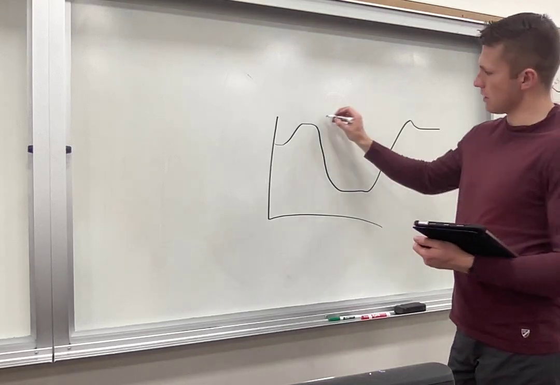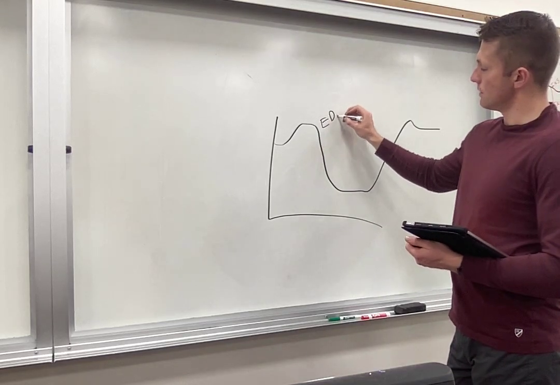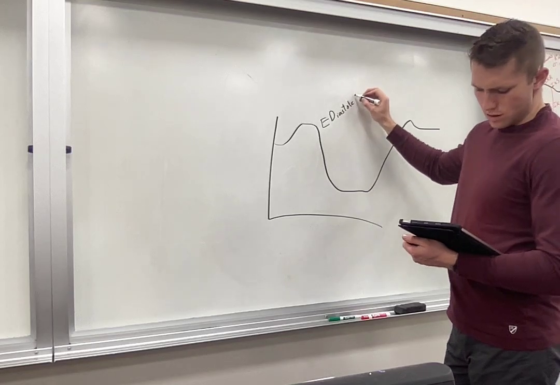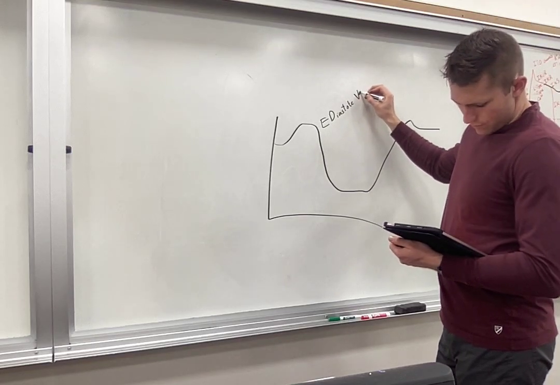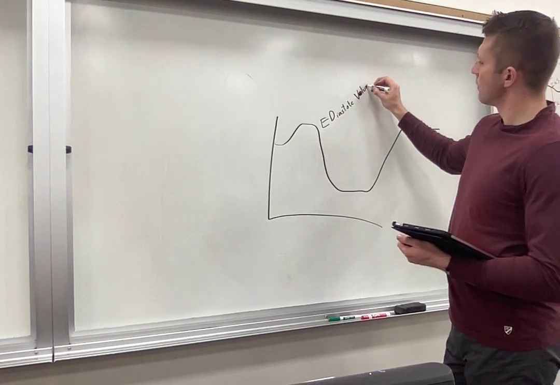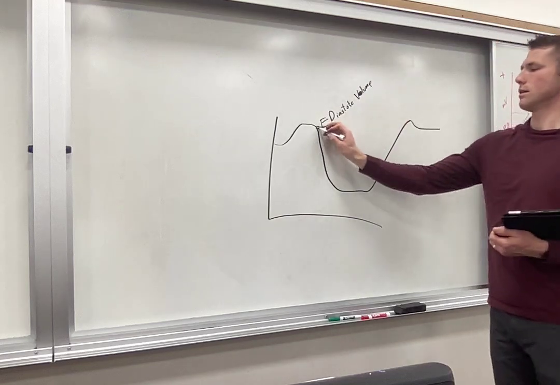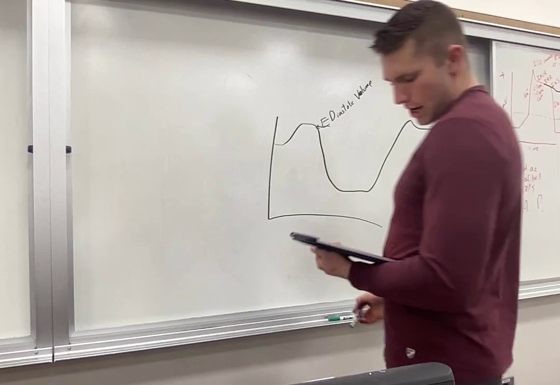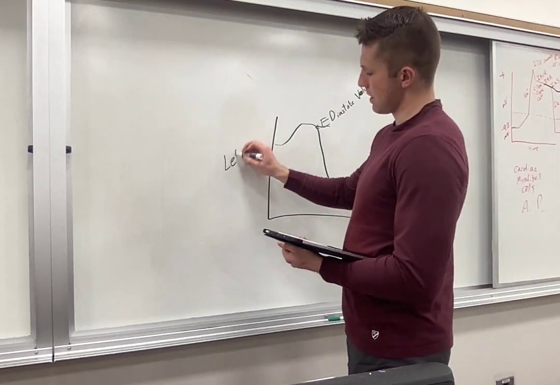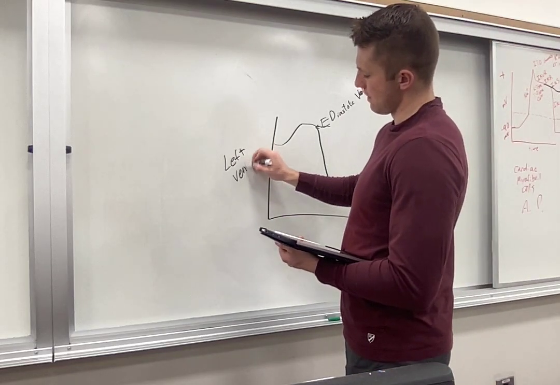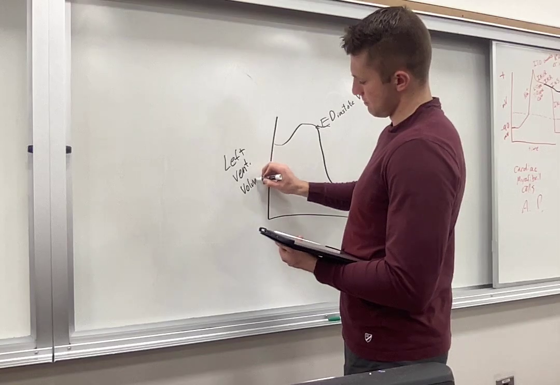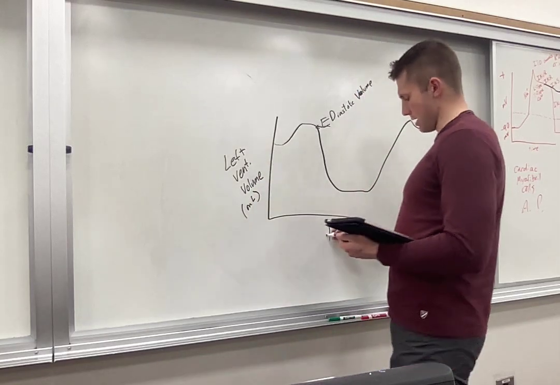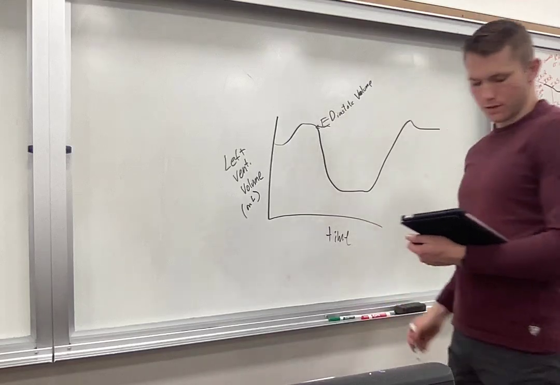Okay, so we're going to call this end diastolic volume, right there. Sorry, our y-axis is left ventricle volume in milliliters. Our x-axis is time.